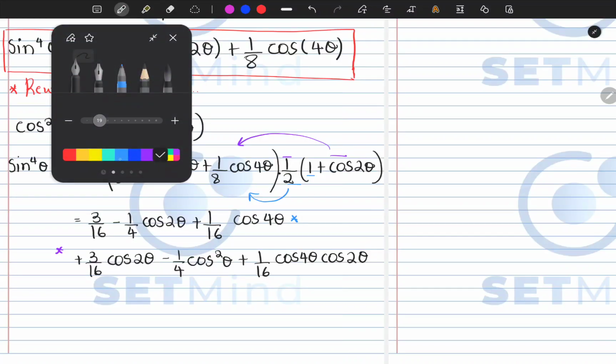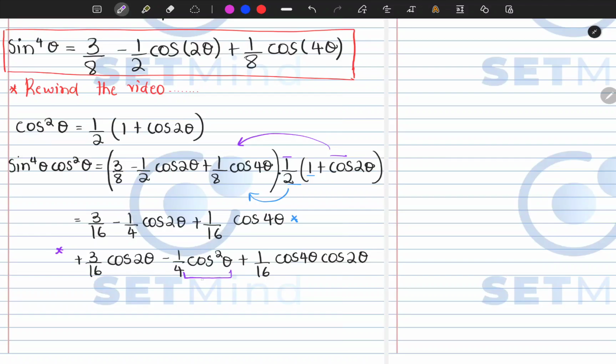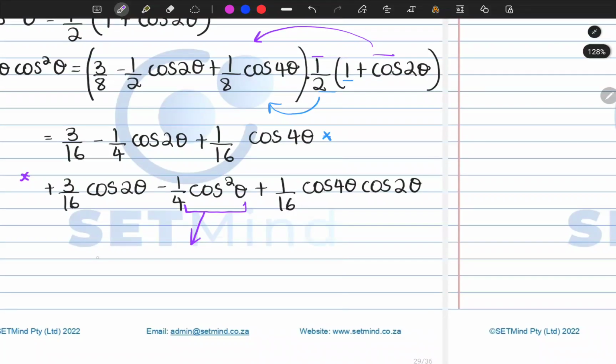So we have a couple of problems here. This one here is a problem. But how are we going to solve that problem? How we are going to solve it is by realizing that this is a double angle. So it's just going to be cos squared 2 theta. My apologies, it's not theta, but rather 2 theta.